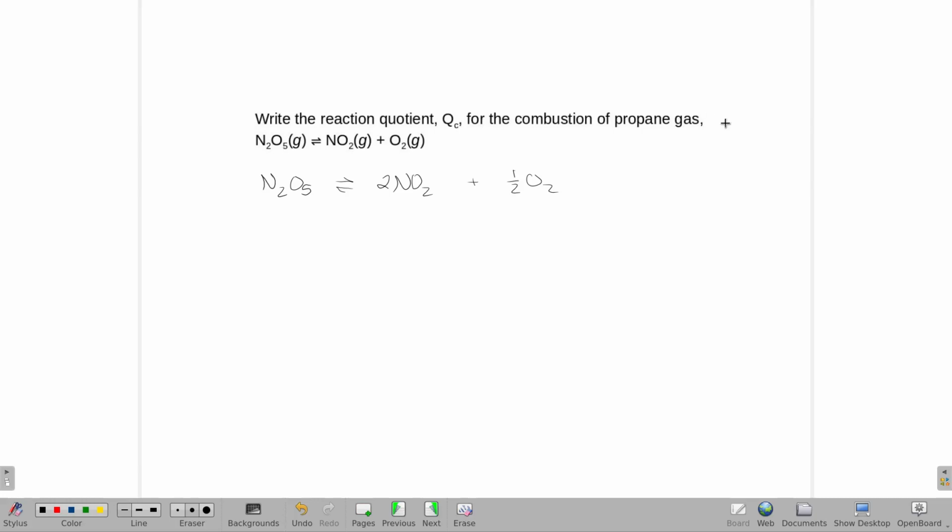However, if I balanced it the old school way, that would be 4, where I can't have fractions, I would end up with something like this. And both of these are balanced equations. Depending on how you balance it, you're going to get a different Q, because the Q here is going to have our products over our reactants.